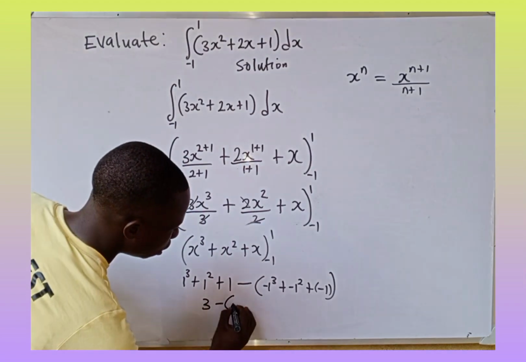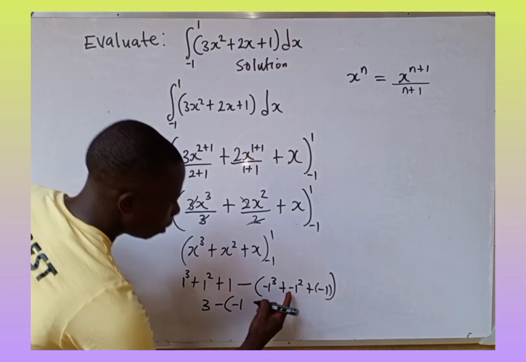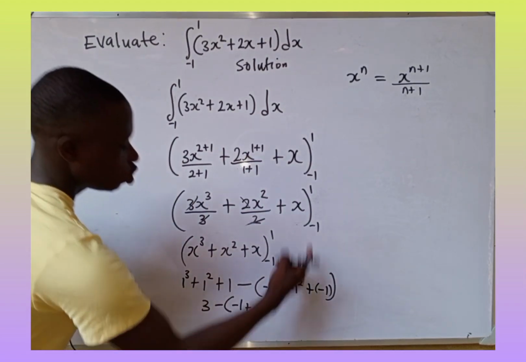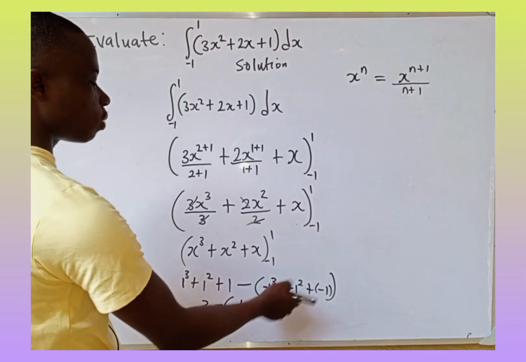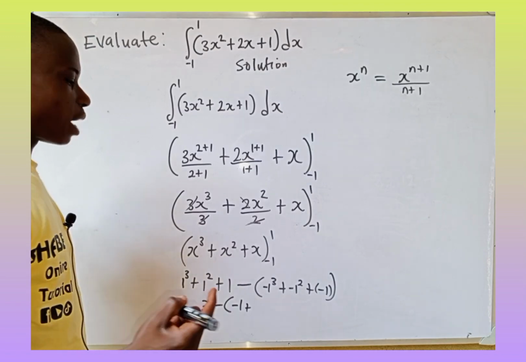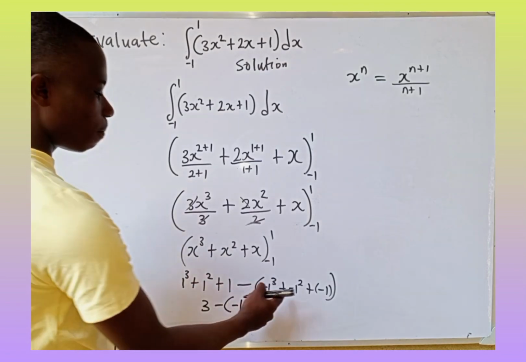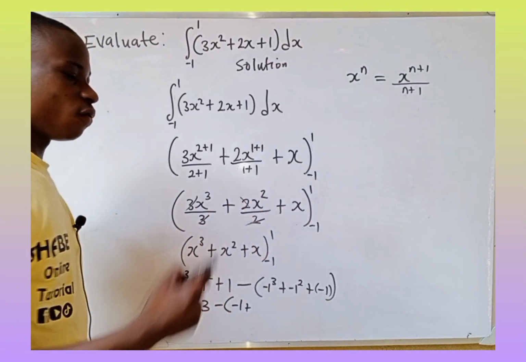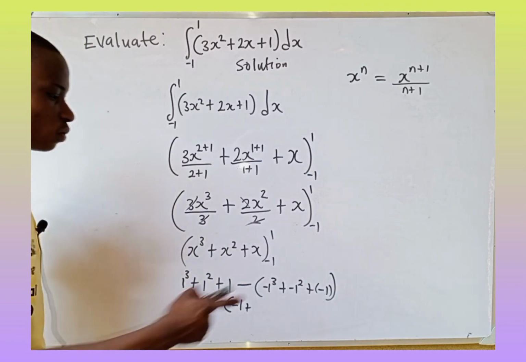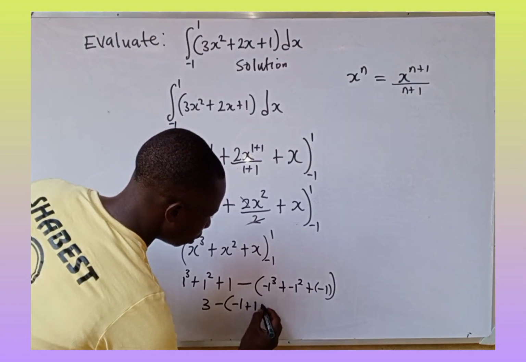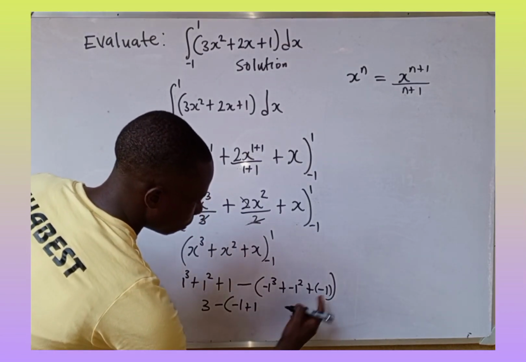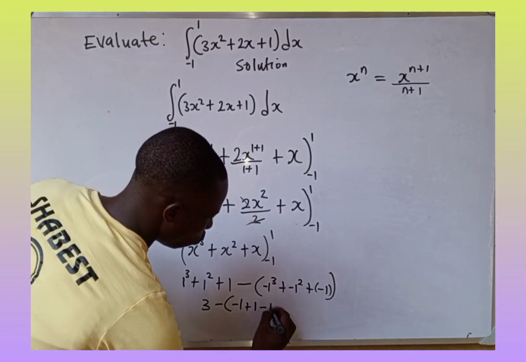So I'm going to have -1, then plus -1 raised to the power of an even number. You may press the calculator, but -1 raised to the power of an even number is always positive. So -1 squared is the same as +1. Then plus and minus is the same as minus, then 1.